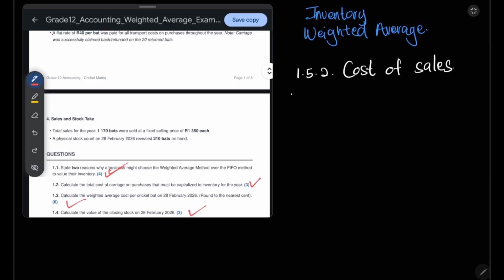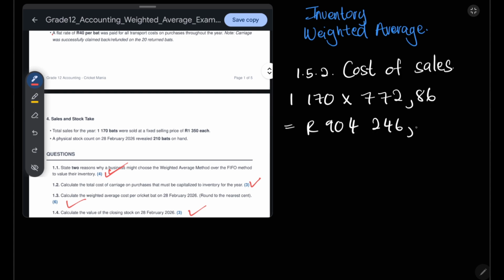So we can take that 1,170 and multiply it with the weighted average cost per bat that we calculated in 1.3, which was 772.86. Okay, there's a different way in which you can do this, a very long method. However, I'd recommend that you use this one just so you're certain about your answer. So 1,170 times 772.86 should give you 904,246.20. And that is your cost of sales.